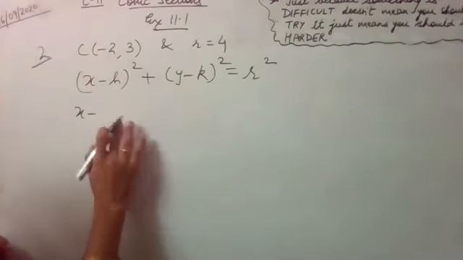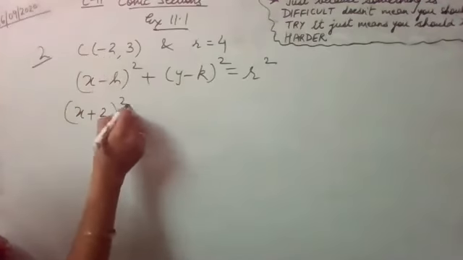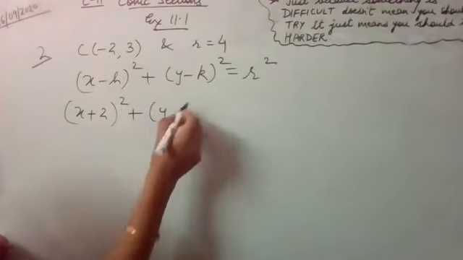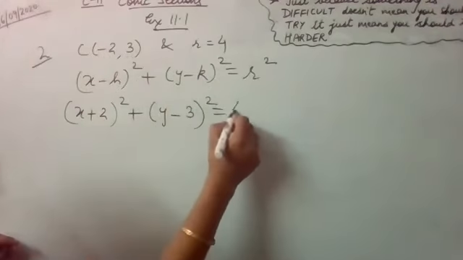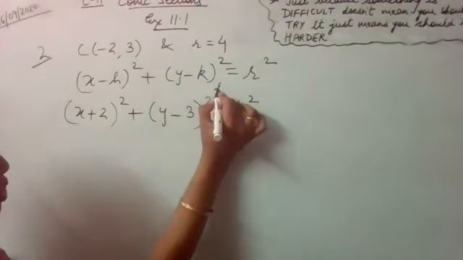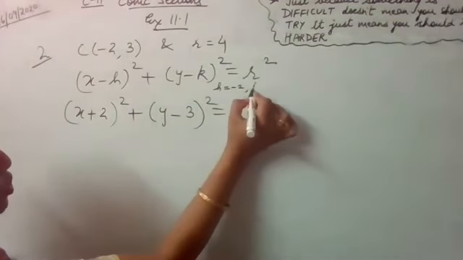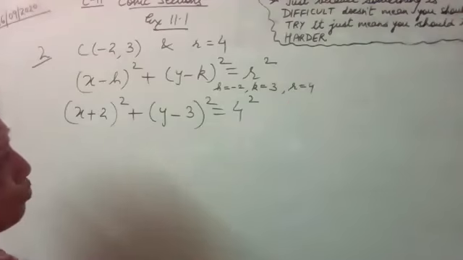Either you can write it like this or you can take minus minus plus, so we will have x plus 2 whole square. y minus, the value of k is 3, whole square, equal to r, which is 4. Before putting the values, you can just write h equals minus 2, k equals 3 and r equals 4 so that you do not make any mistake.